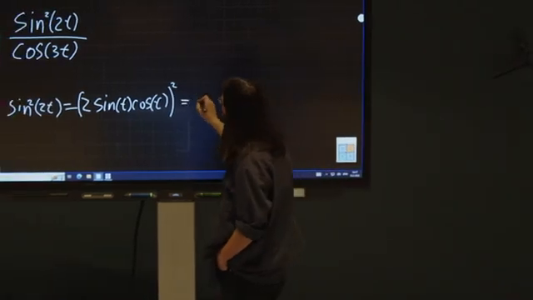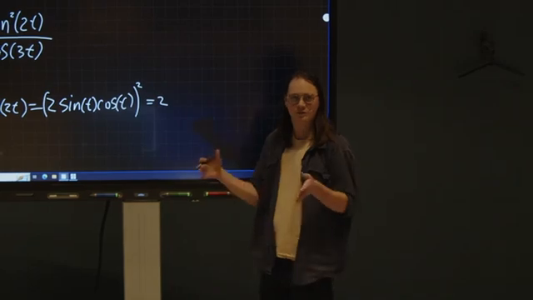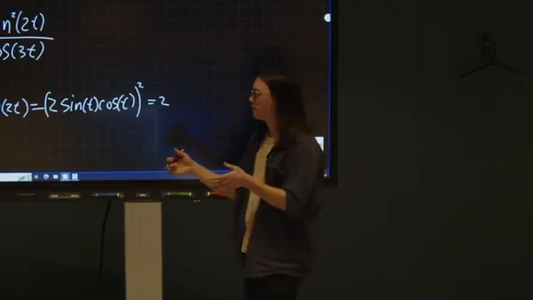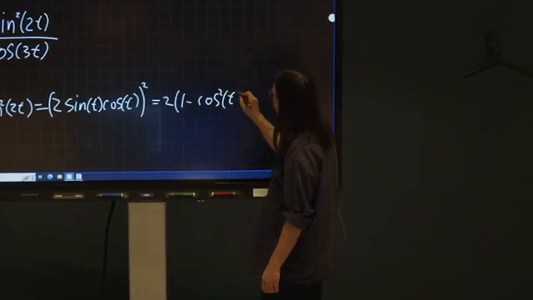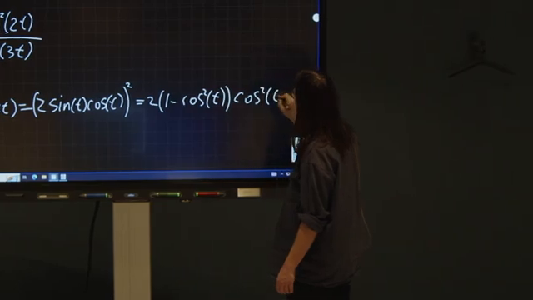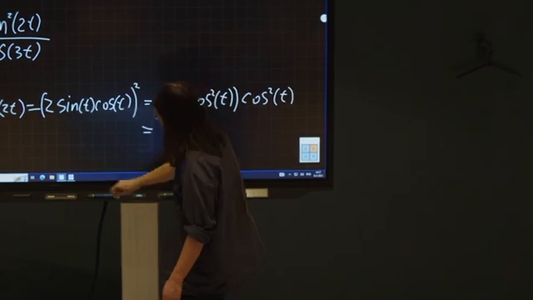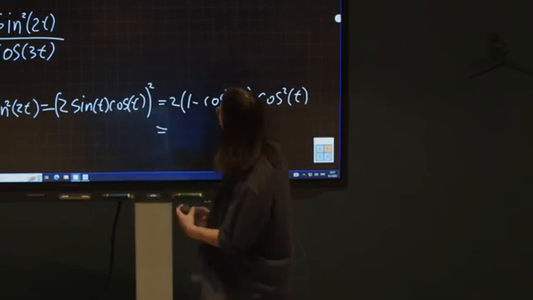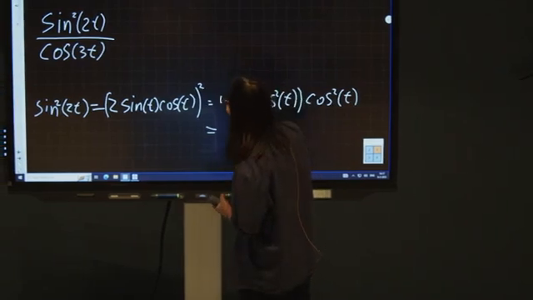Right, so I have here 2 sine squared, and as I mentioned, sine squared plus cosine squared is 1. So sine squared itself is just 1 minus cosine squared. And of course, 2 squared is not 2, but 4. Right?